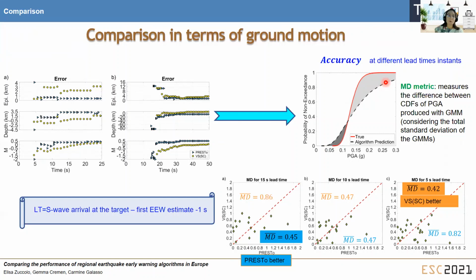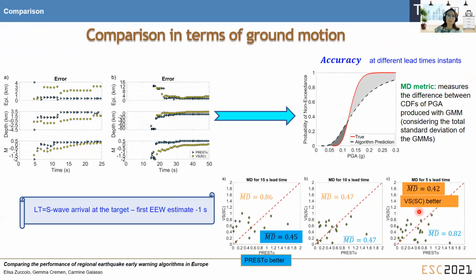The better the performance of an algorithm, the lower the value of the MBD metric. We consider 3 temporal instants corresponding to 3 different lead times at the target sites, specifically 15 seconds, 10 seconds, and 5 seconds.